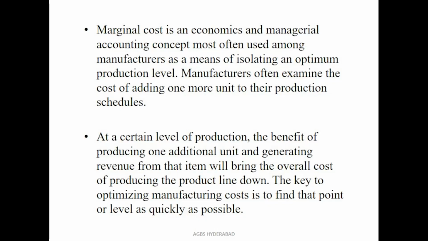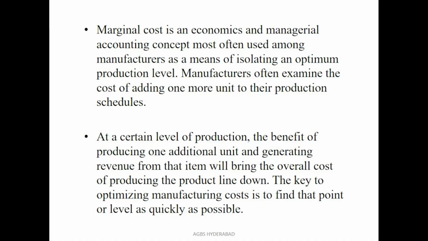At a certain level of production, the benefit of producing one additional unit and generating revenue from that item will bring the overall cost of producing the product line down. So, the key to optimizing manufacturing cost is to find that point or level as quickly as possible.